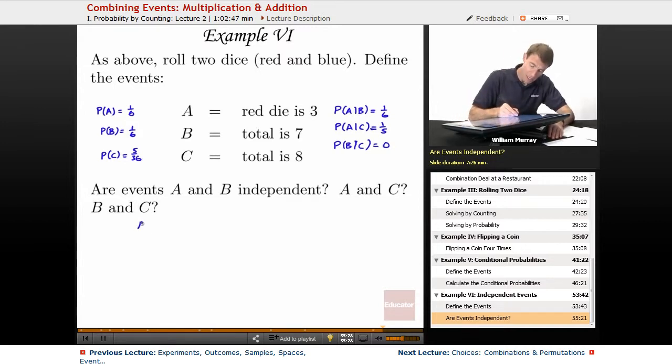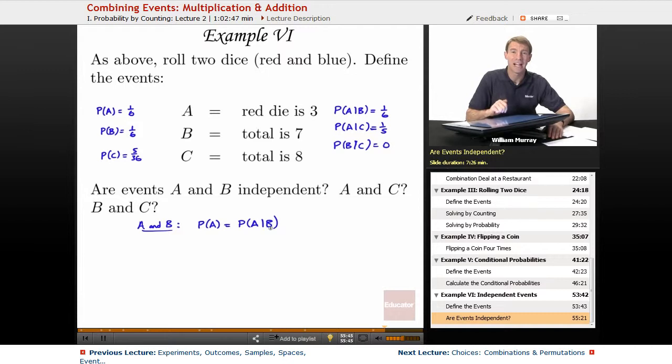So for A and B, remember independence, by definition, means the probability of A is equal to the probability of A given B. Intuitively, it means that if you calculate the probability of A with no information, or if you calculate the probability of A with the information that B is true, you get the same answer either way. So let's just check those out.